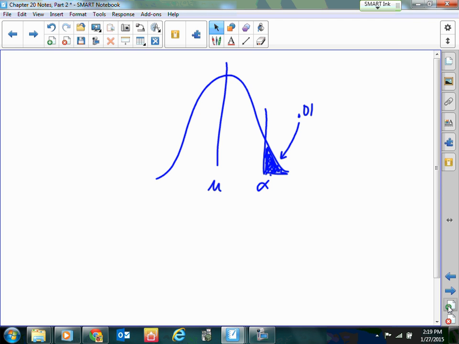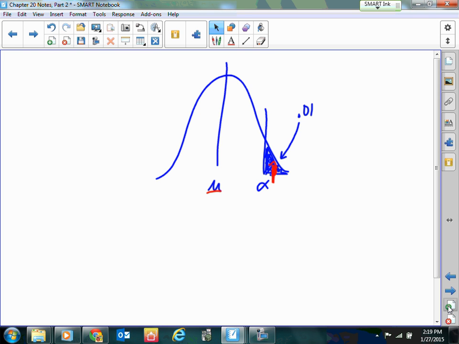If you get a sample up here in the rejection region, guess what you are going to do to your null hypothesis? Reject it, right? It's telling you how far away a sample needs to be in order to reject the null.